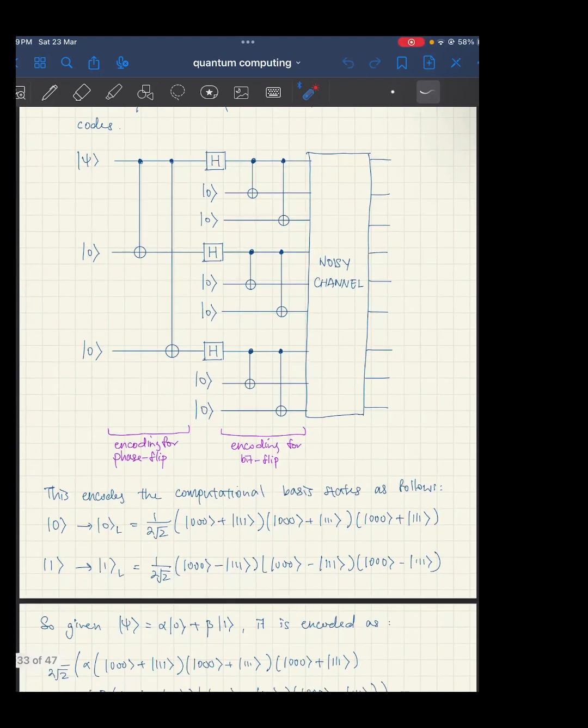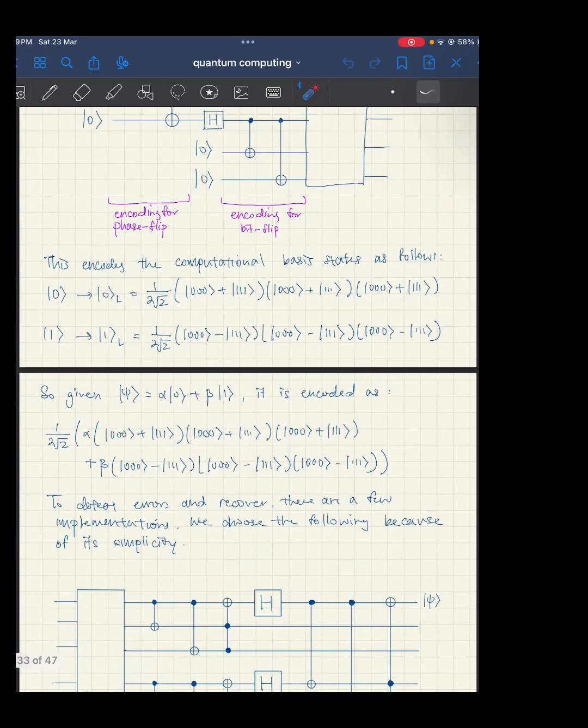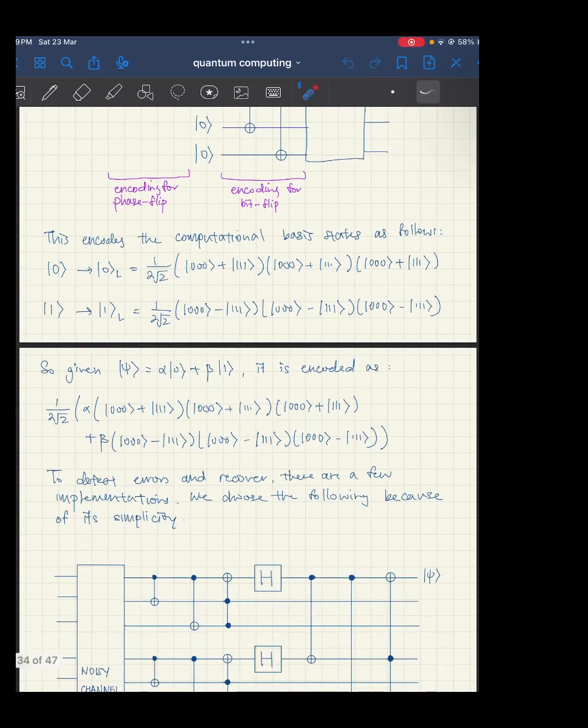And we send 1 to 0, 0, 0 minus 1, 1, 1 tensored 3 times. So for a general state psi, which we will represent with alpha 0 and beta 1, it will be encoded as such, right? This is the 0, and we just have the alpha coefficient in the front, and then we have the bottom with the extra beta coefficient.